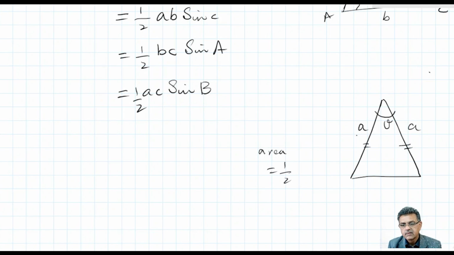Half AB sine C, but now both of them are A, so it will be A square sine theta, using the same rule what we have applied here. So its area will be half A square sine theta.